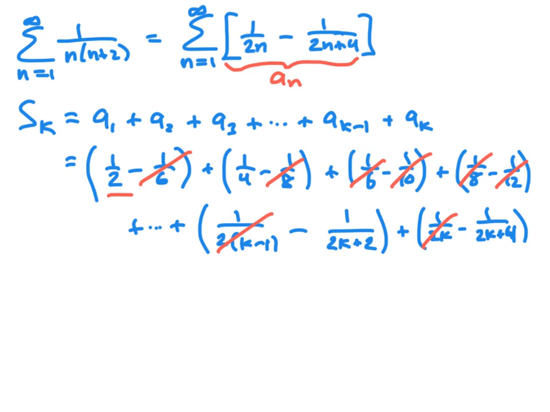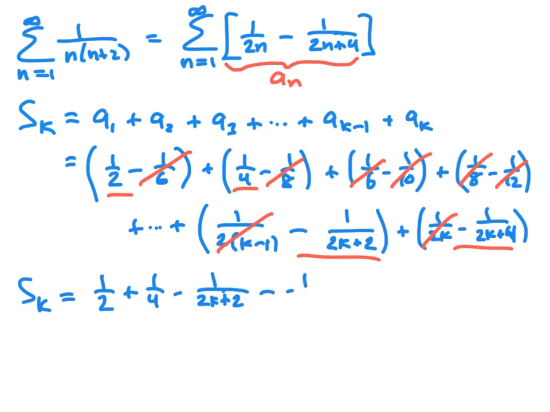Once we have this, we notice we actually have four terms that are uncanceled. And so our partial sum here, s sub k, will be 1/2 plus 1/4 minus 1 over 2 times k plus 2, minus 1 over 2 times k plus 4. And so here we have four terms in our partial sum.